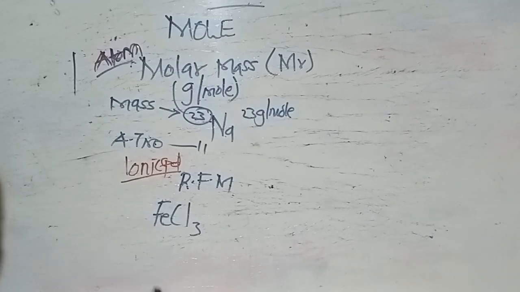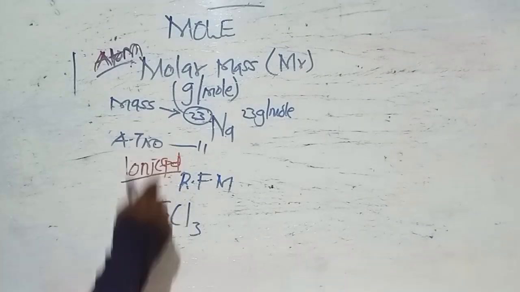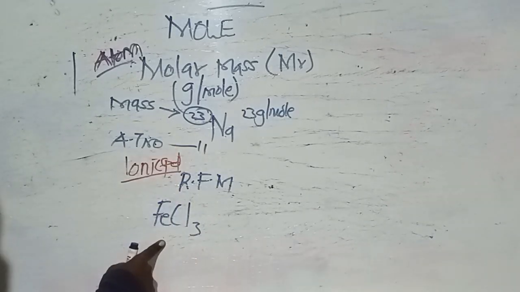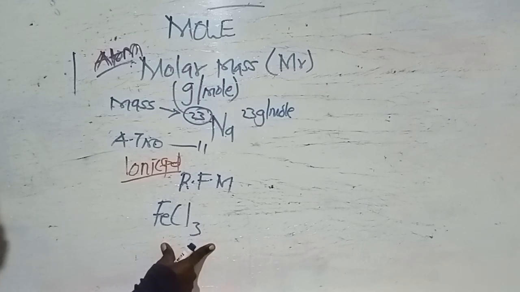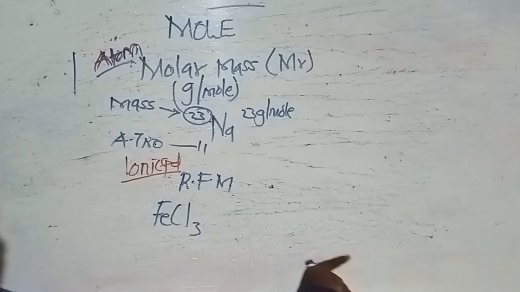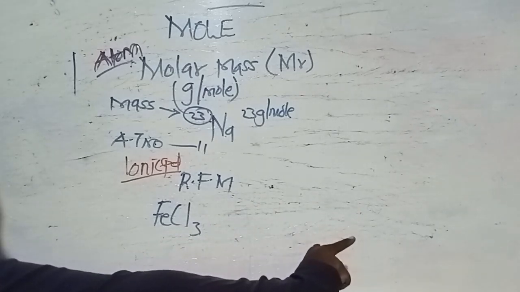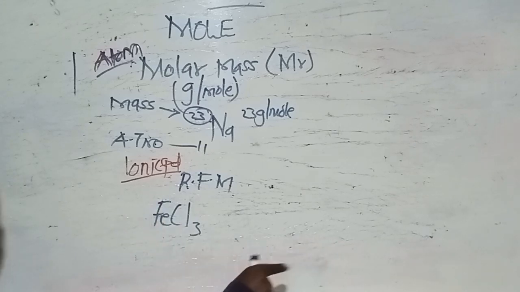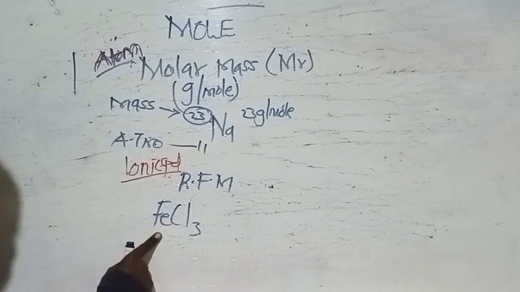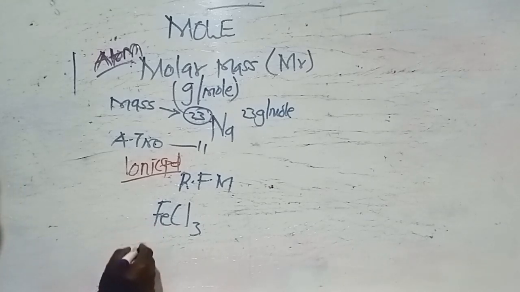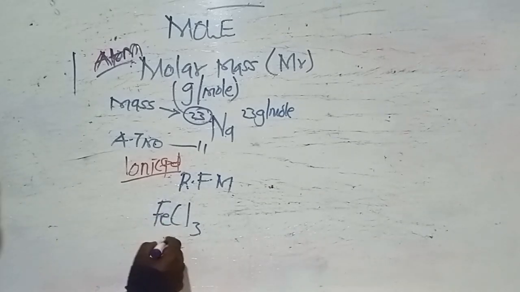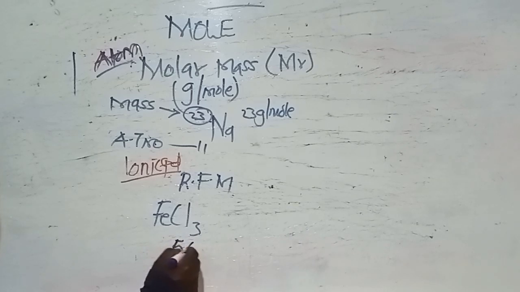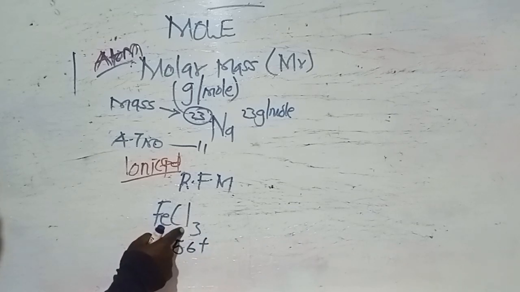What you do is you check the mass number of these elements in the periodic table. If it is a question, you're normally given the mass on the side, so that shouldn't worry you, you're not supposed to cram anything. For example, the mass of iron atom is 56. You take the mass of iron, which is 56, and add the masses of 3 chlorine atoms.